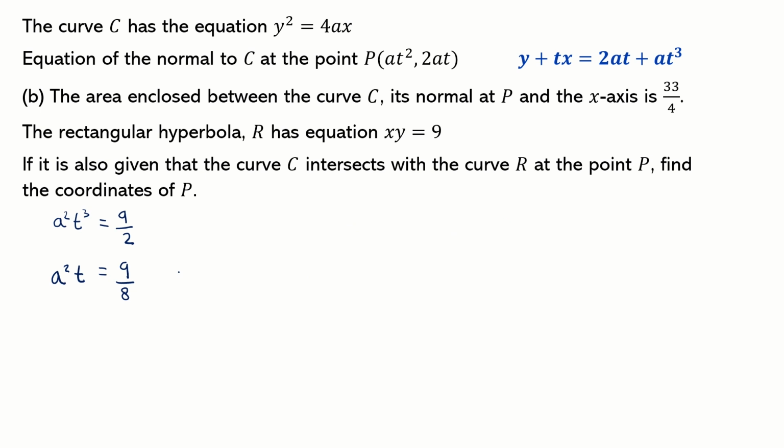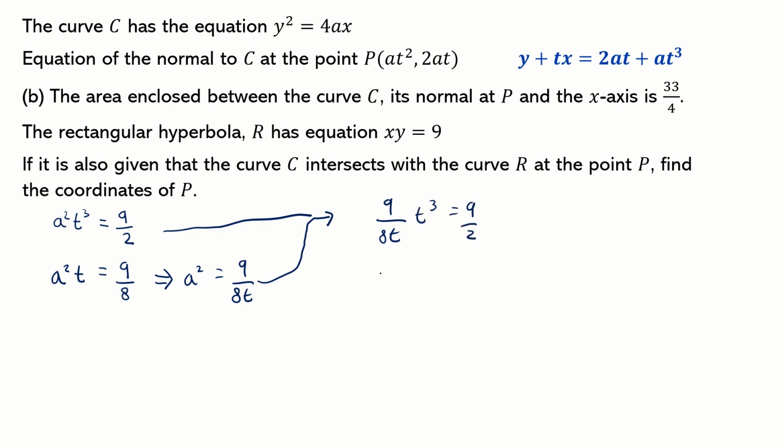So we could rearrange to do the substitution I could have done much earlier, but now it's even easier to do at this stage, because I could rearrange this second equation to make a squared equals 9 over 8 lots of t, which means when I plug that into the other equation, we end up with 9 over 8t lots of t cubed equals 9 over 2.